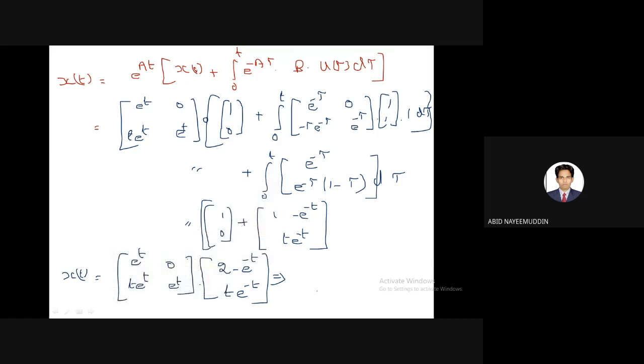x of t is the matrix, equal to e power t into 2 minus e power minus t, and one more is 2 t e power t. Multiply those two things. This is your final answer. So like this, you can solve the problem.